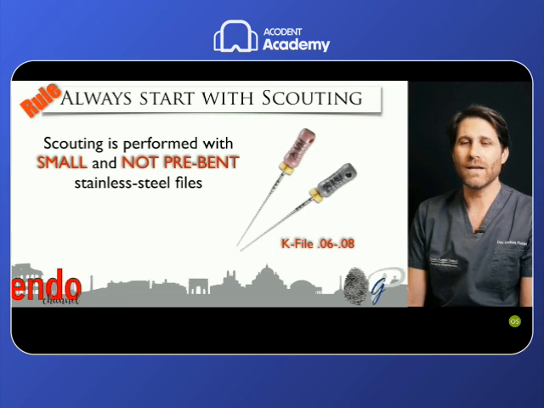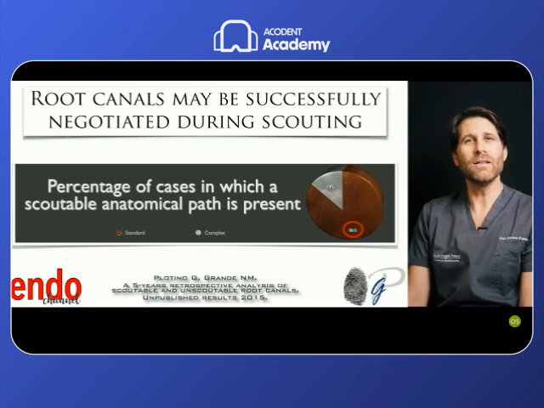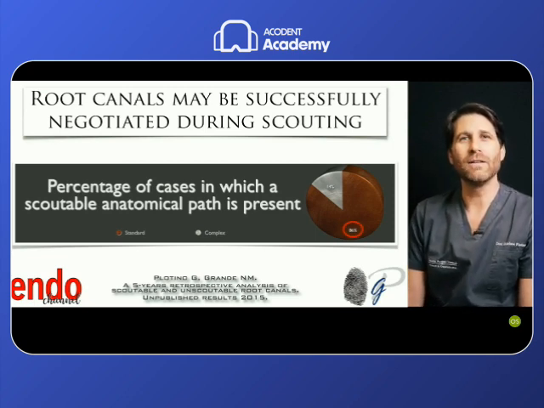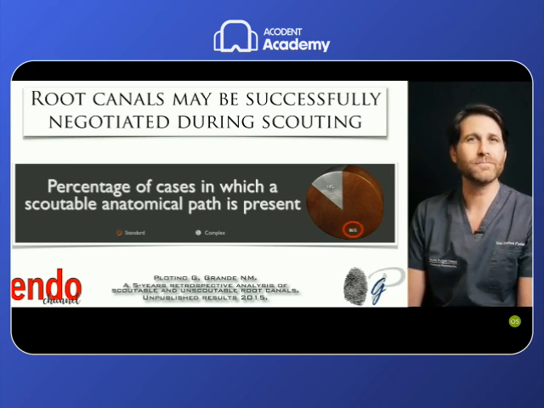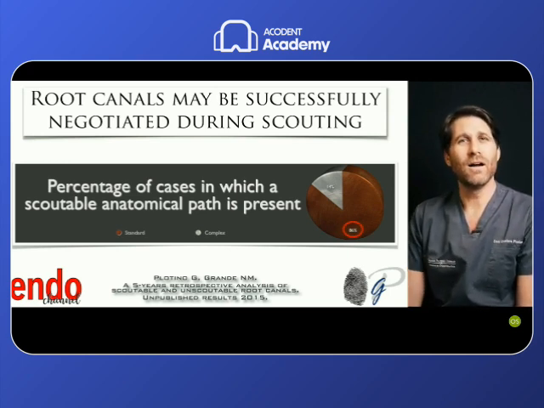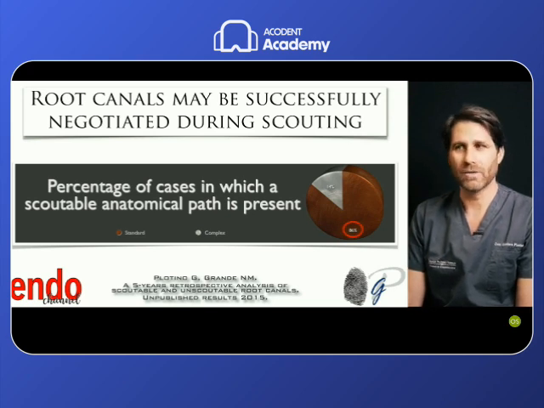So during the scouting, root canals may be successfully negotiated up to the apex because it's easy to understand that if we go with the size 8 stainless steel file inside the root canal that is patent, we can easily penetrate this root canal without any effort or without working, and we can reach the working length under the control of the apex locator.